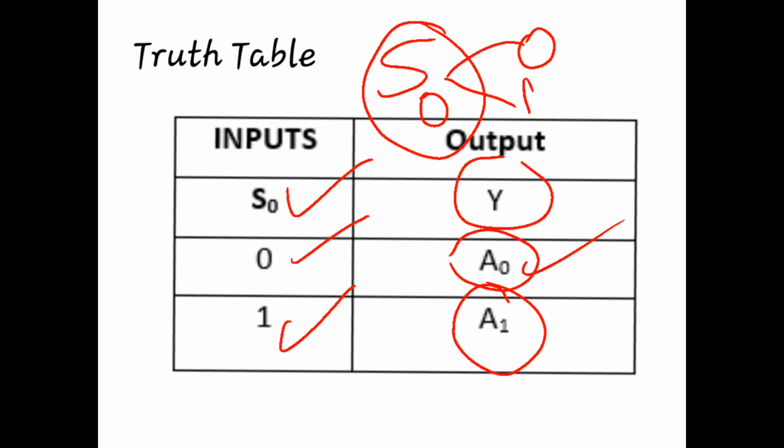So here in this example, we are having a single select line that is represented with S0, or you can simply take it S. So depending upon the value of this S, either 0 or 1, we will have A0 or A1.